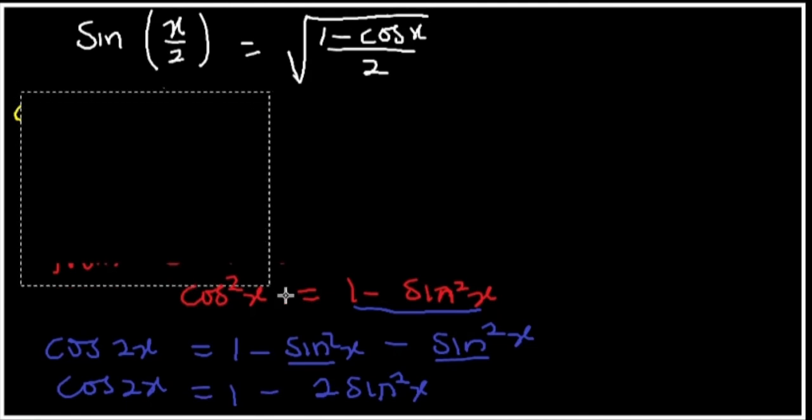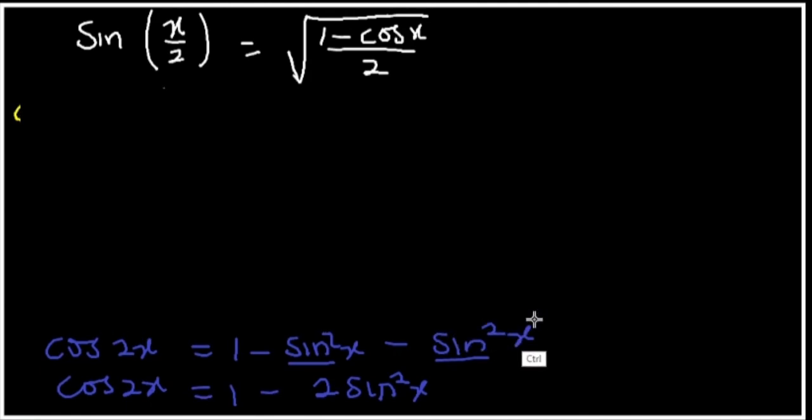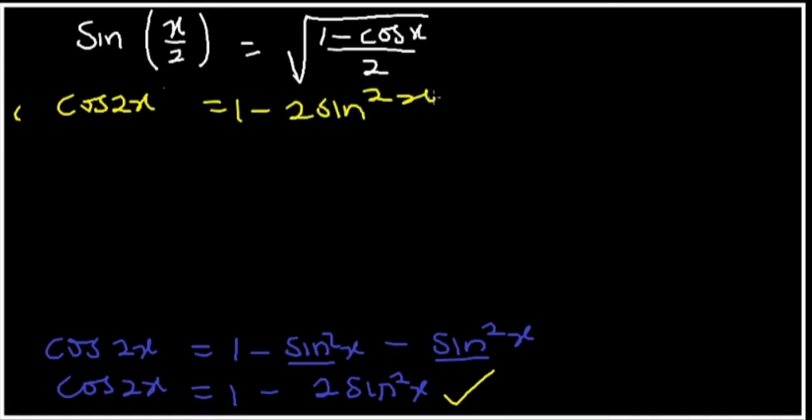Alright, so from this place, we now have cos 2x is equal to 1 minus 2 sine square x.